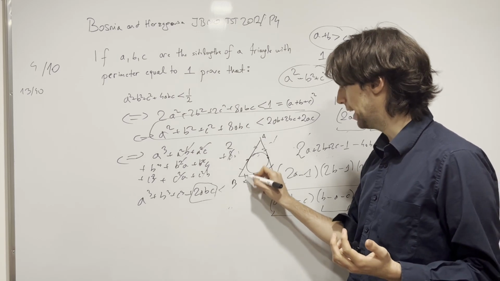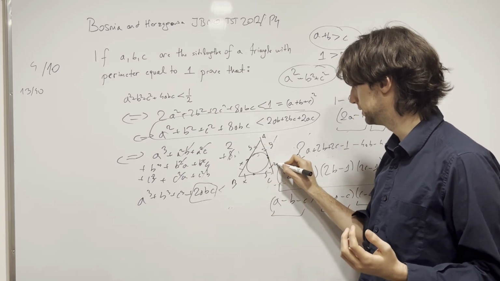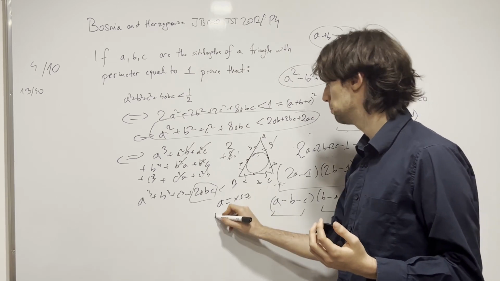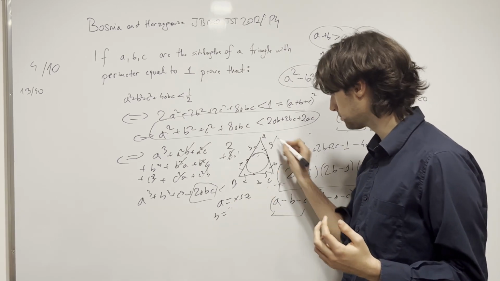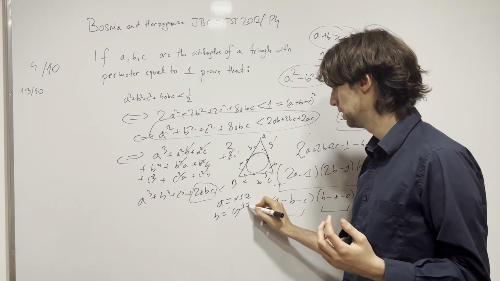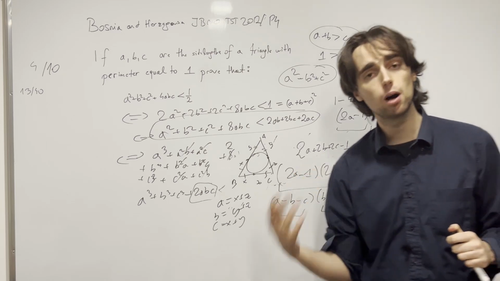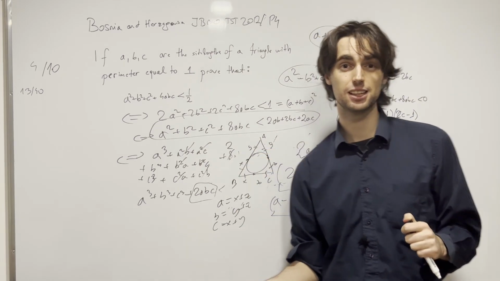So label these x, x, y, y, z, z, and then you get a is equal to x plus z, b is equal to y plus z, and c is equal to x plus y for some x, y, z, which are positive real numbers.